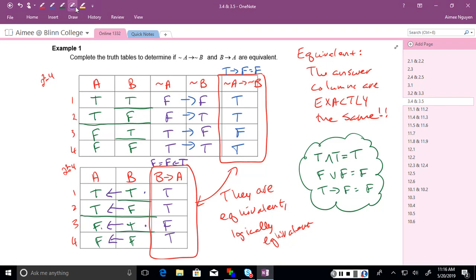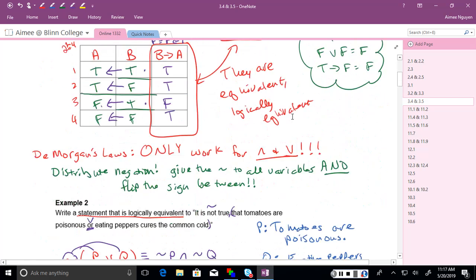If this is our original statement, P then Q, I switch the order, so now I've got the Q first, negated, and then the P second, negated. When we did their truth tables, they came out to be logically equivalent. They had the same truth values, right? So we know that an original statement and its contrapositive are logically equivalent because we already proved it. We already made that truth table.